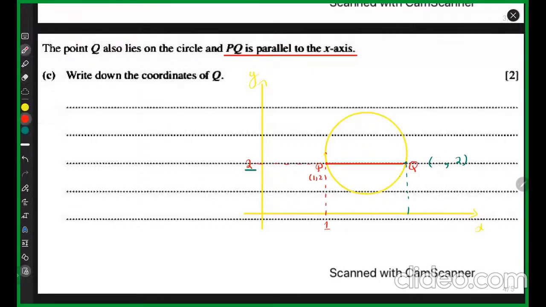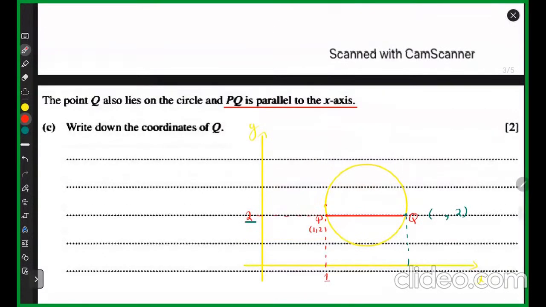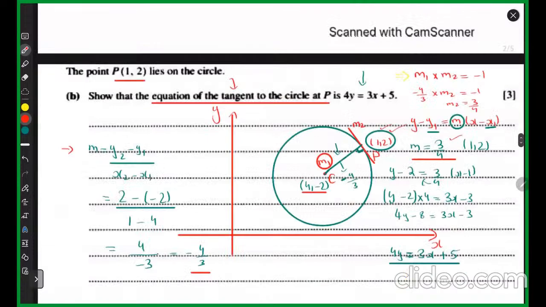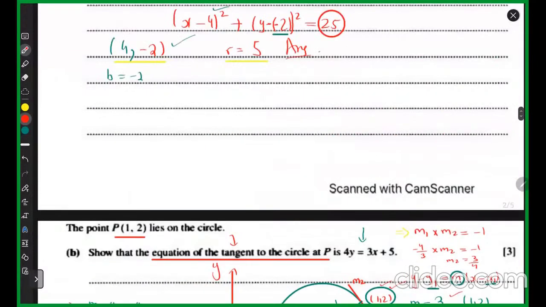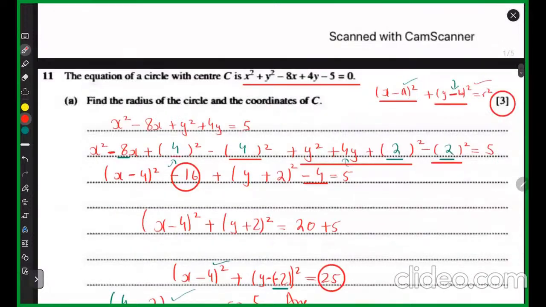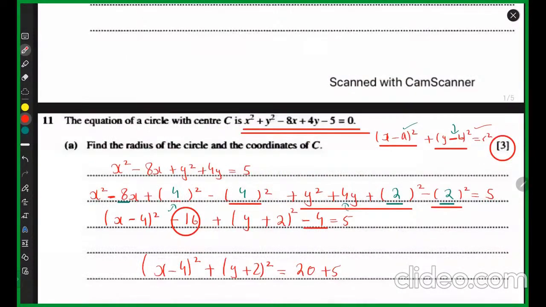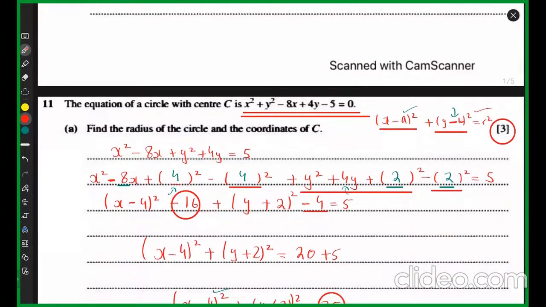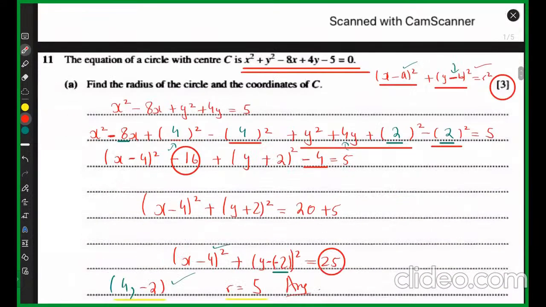Now, in the very beginning, the equation of the circle was given. x squared plus y squared minus 8x plus 4y minus 5 equals 0 was given in the very beginning. So let me just write that over here.